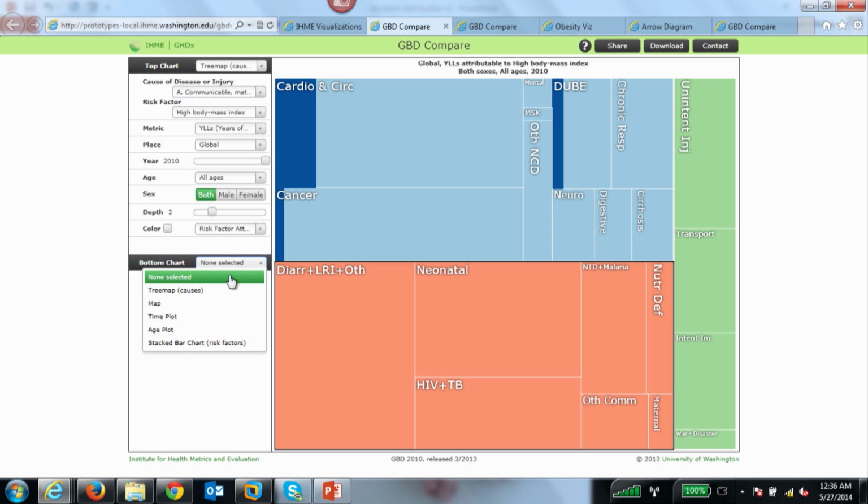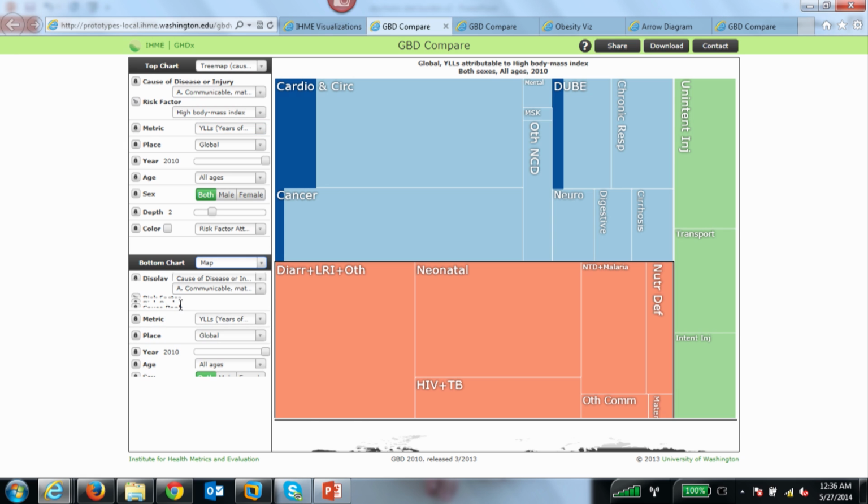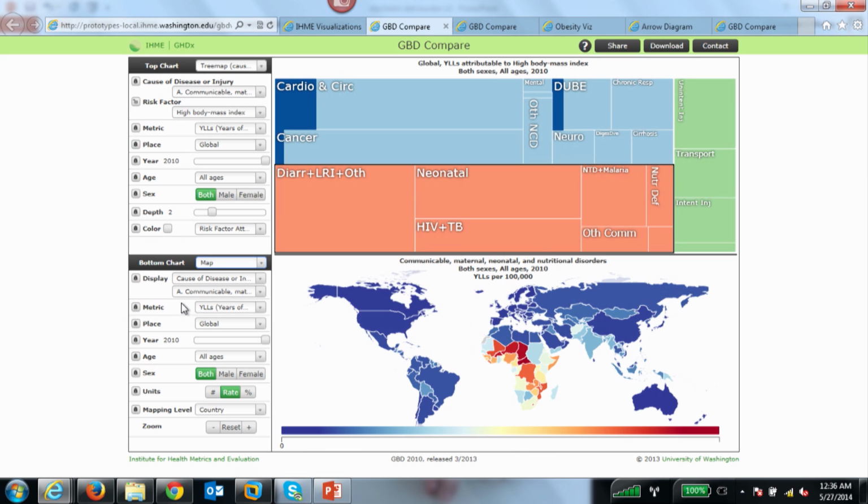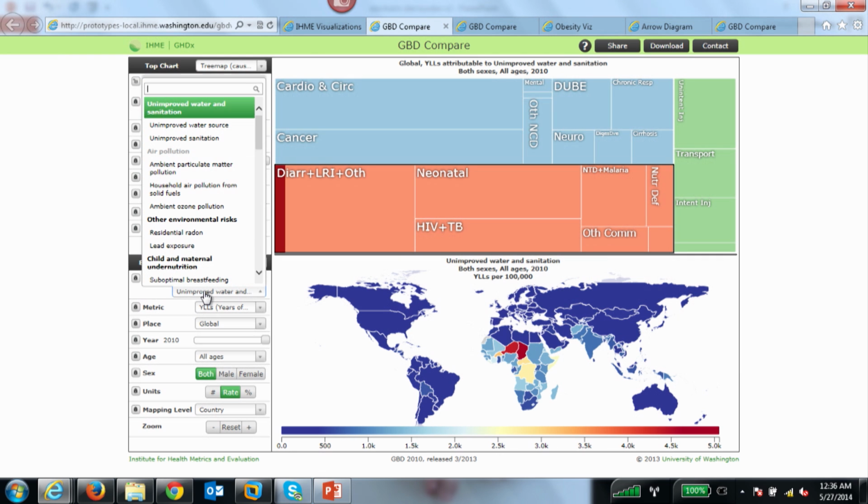And if we just stick a map down here on the bottom, we can have a look at the distribution around the world of diet, and let's look at a risk factor. Let's look at dietary risks.